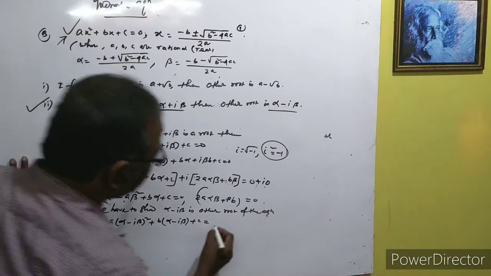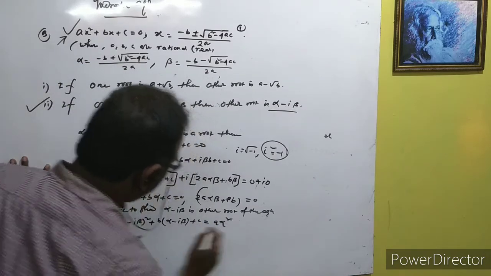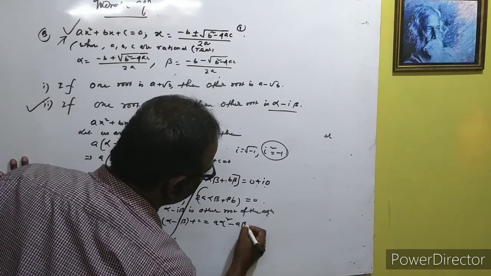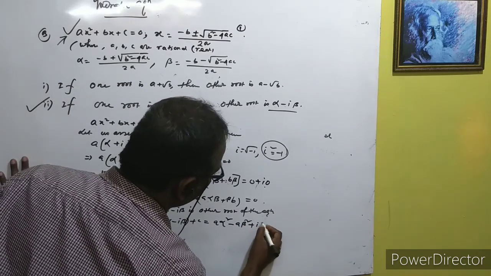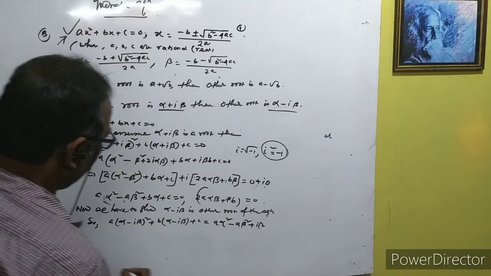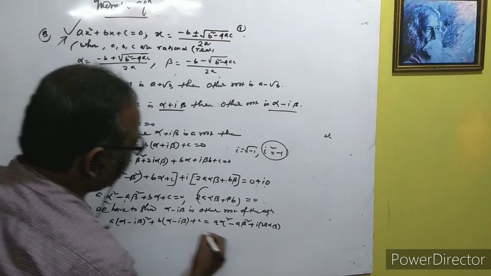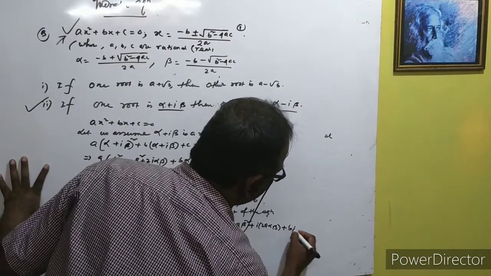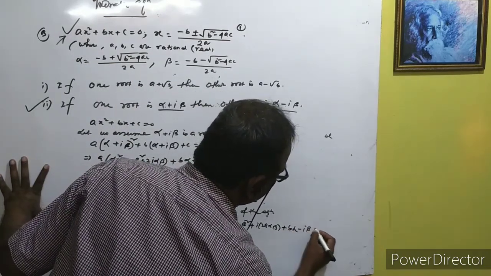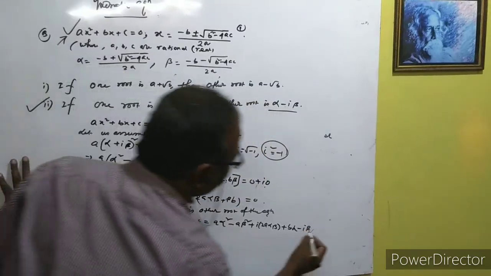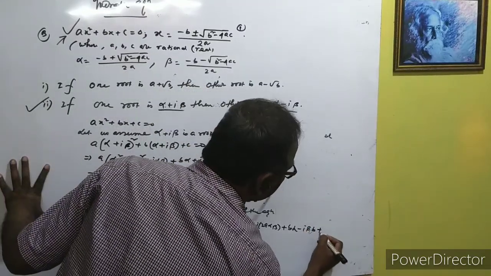We can expand this: a alpha square, minus a beta square from i square beta square, and minus i times 2a alpha beta, then b alpha minus i b beta, plus c.